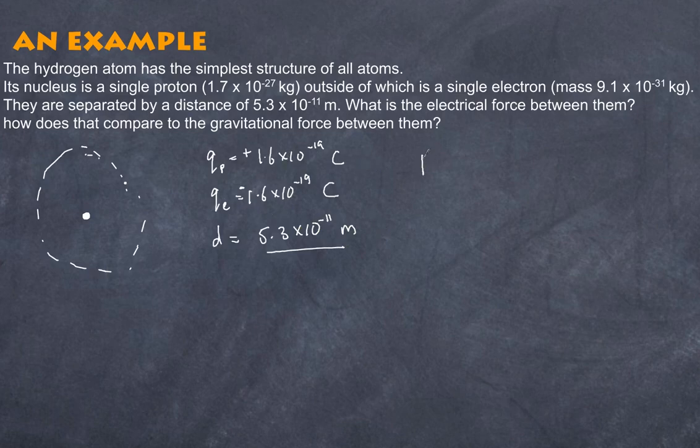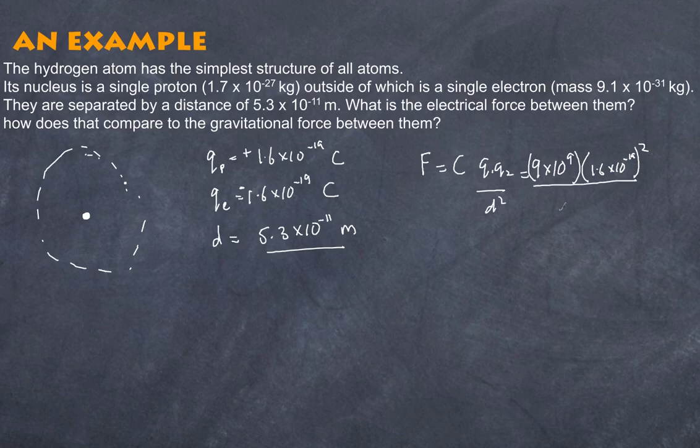Here we go. Force is equal to C Q1 Q2 over D squared. So we substitute in the value 9 times 10 to the power of 9, and we multiply that. Now these two values are exactly the same number. The plus and minus aren't about direction, they're just about the type of charge. So we might as well say 1.6 by 10 to the power of negative 19, squared because we've got two of them.